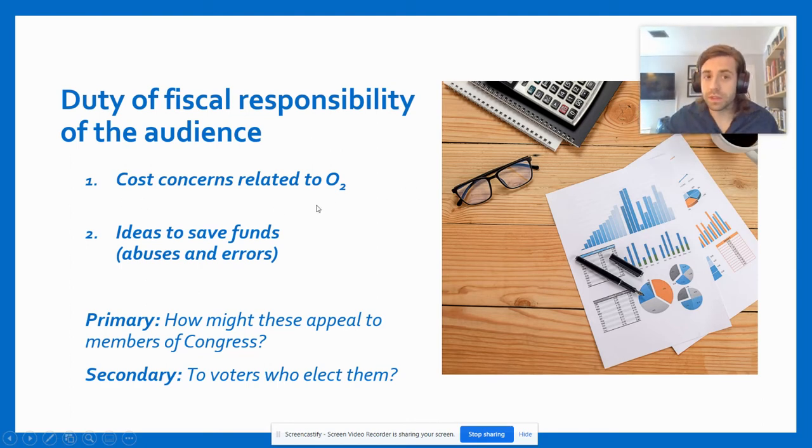provides some examples of like, hey, here are some ways that you can also consider your duty as a financial officer. So she talks about the cost concerns related to medical oxygen, right? She even brings up some ideas to save money, right? I'm not the type of person, she says, that you want to be preventing medical care from.